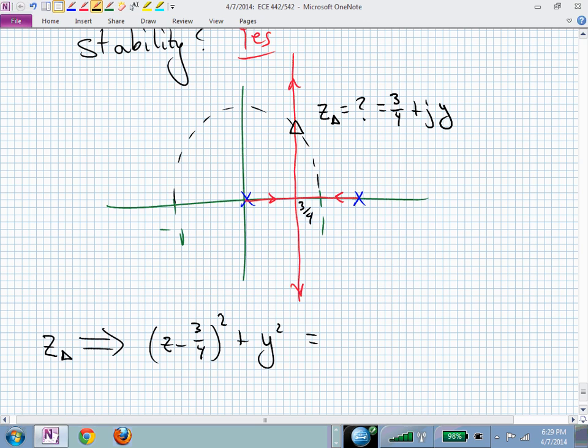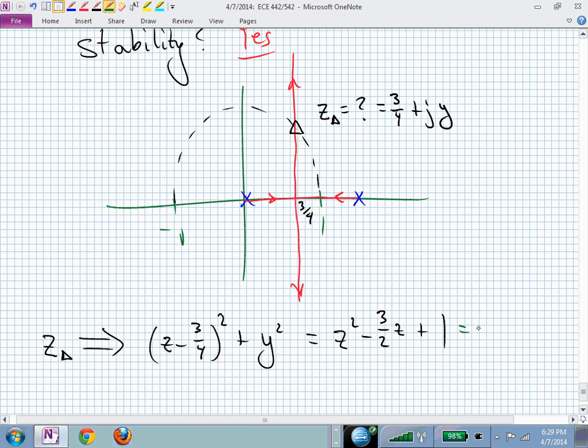The radius is 1, isn't it? If the radius is 1, that's the constant value. That's the 1 squared. So we know that whatever comes out of the constant piece in this expression has to be 1. And now we have enough information.